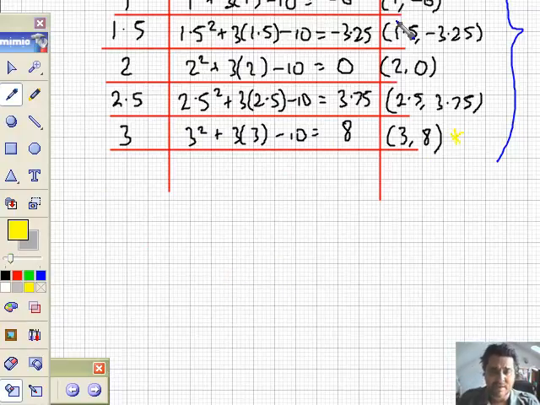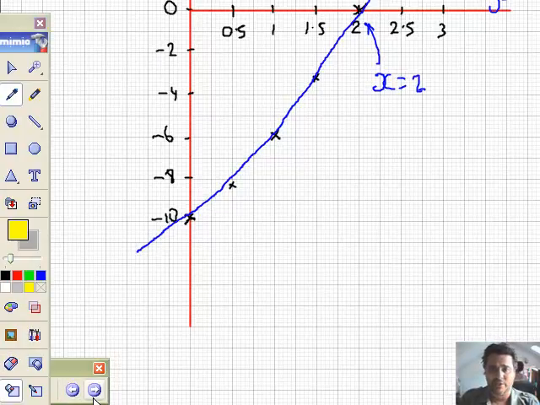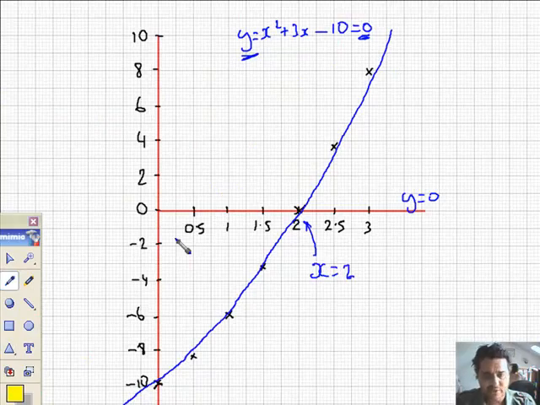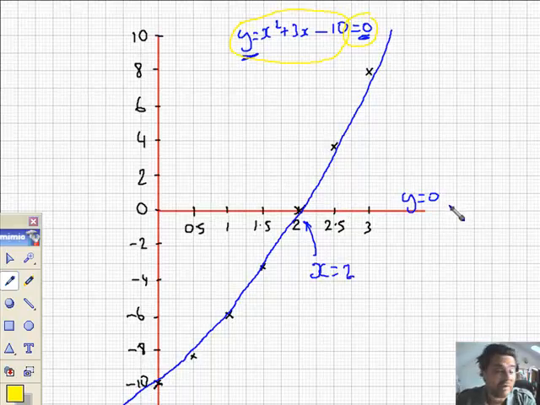Draw the graph of the quadratic, essentially plot these coordinates and see what you get. That's what you get. It says use your graph to find the x value which satisfies the equation in part B. Well, that's the equation we've plotted, this here. In order for this to be equal to 0, I've got to see where this graph intersects the line y equals 0.